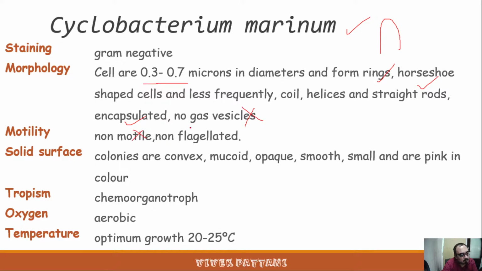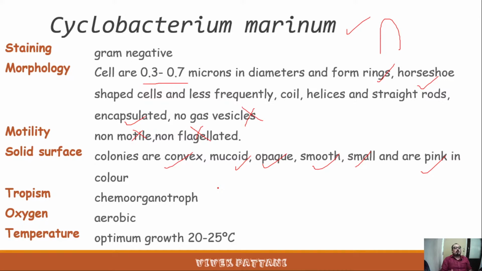In most cases, bacteria which do not have motility are generally not flagellated, but not in all cases. On solid surfaces, colonies are convex, mucoid, opaque, smooth, small, and pink in color.